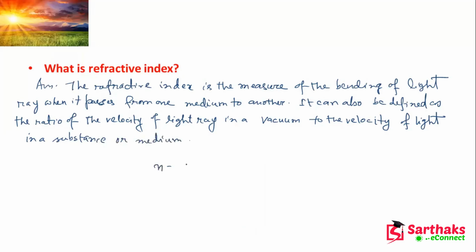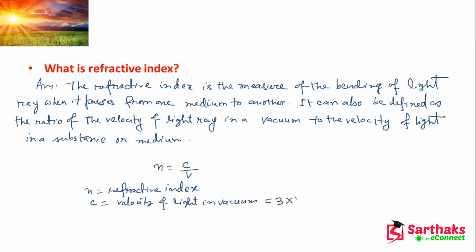And n equals c by v, where n is the refractive index, c is the velocity of light in vacuum, that equals 3 into 10 to the power 8 meters per second, and v is the velocity of light in the medium. This medium may be air or water, anything.